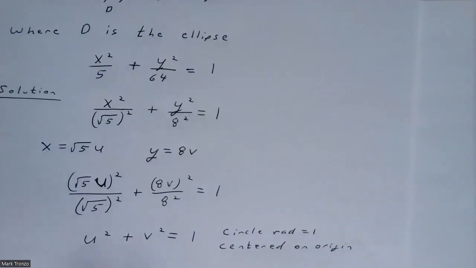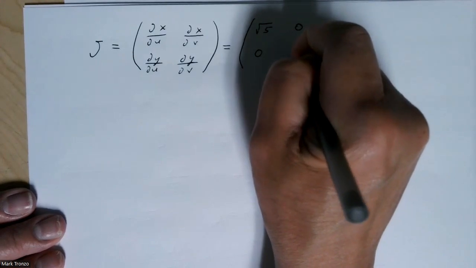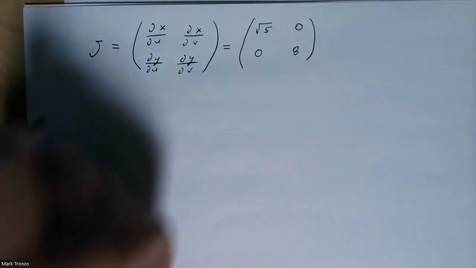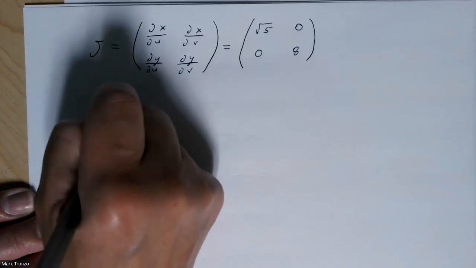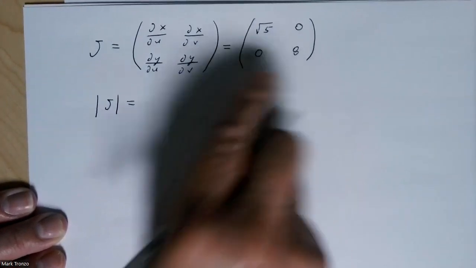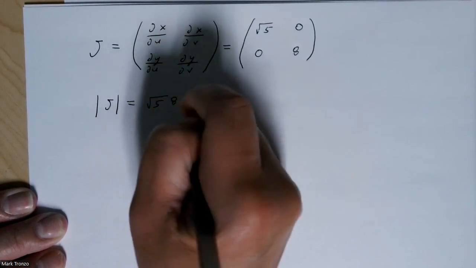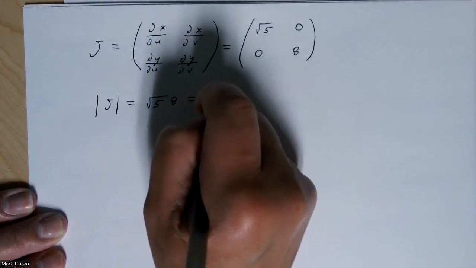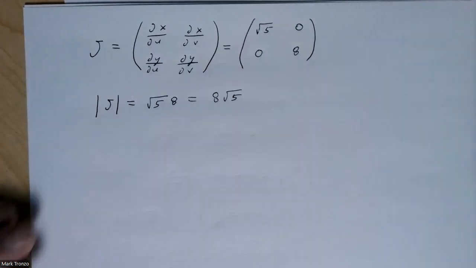Derivative of y with respect to v is going to be 8. Like this. So if we do the determinant of the Jacobian, of course, that's just going to be square root of 5 times 8 minus 0. So let me write it just a little bit nicer, like this.